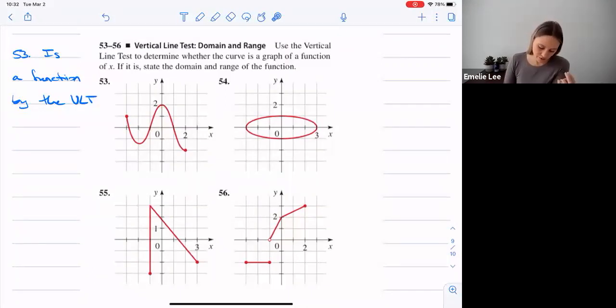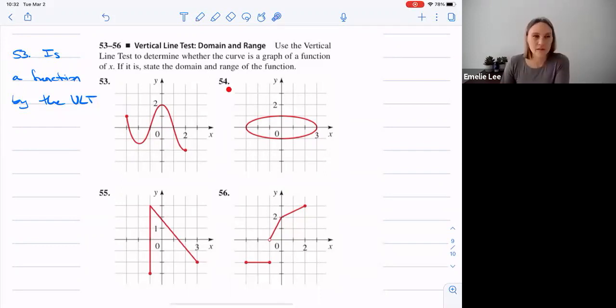And then the range, well, the highest value of y is 2, and the lowest value of y seems to be -2. For now, I just want to focus on whether it is a function using the vertical line test. I'm about to talk about the range again, so just hang tight.